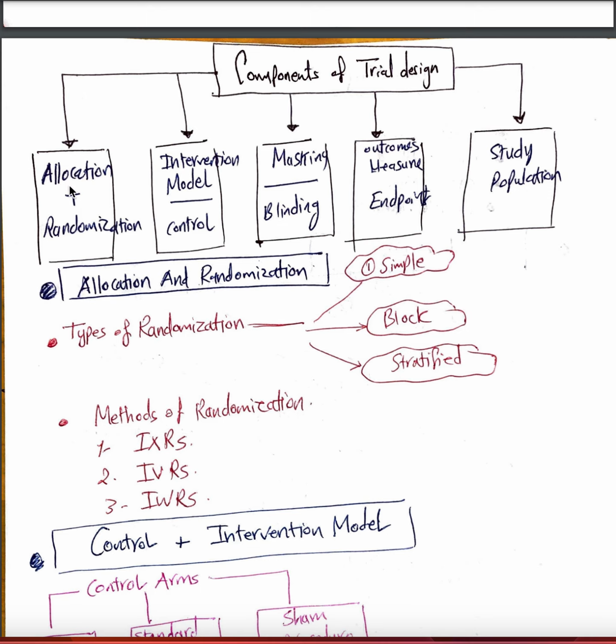Outcome measures are just what we call the endpoints. I will explain every single point, because all of them are important components of the trial design. So first I will start with allocation and randomization.